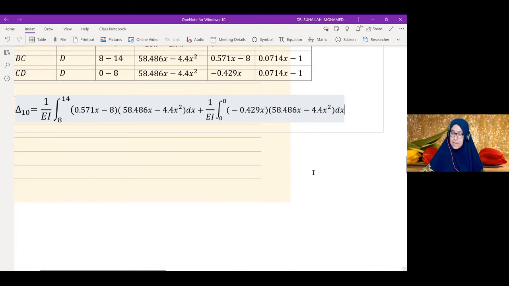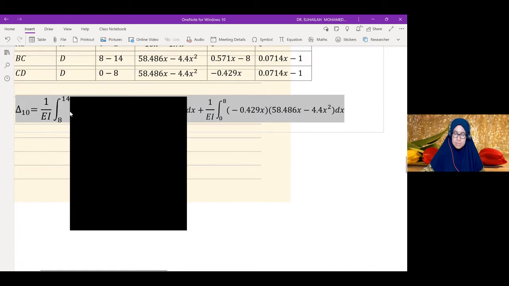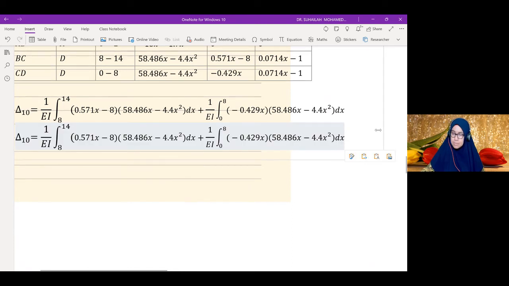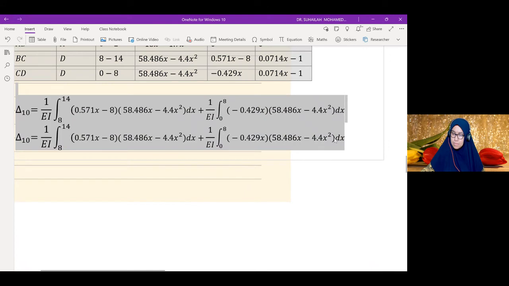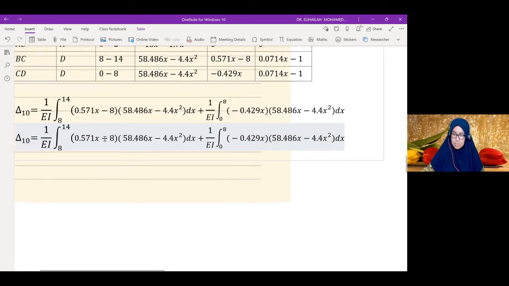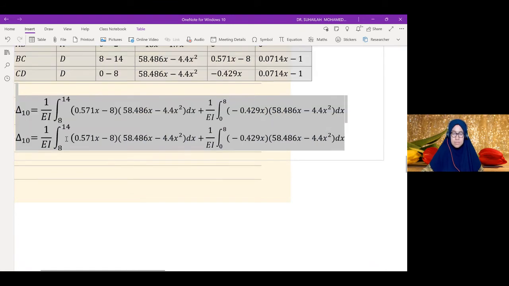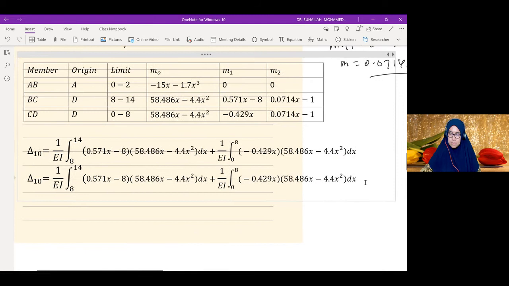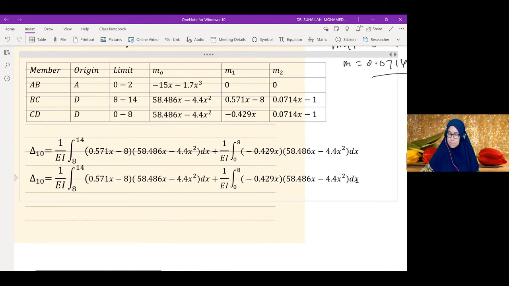Okay, so now we will calculate this value. We have to calculate the delta 1 naught in terms of EI.